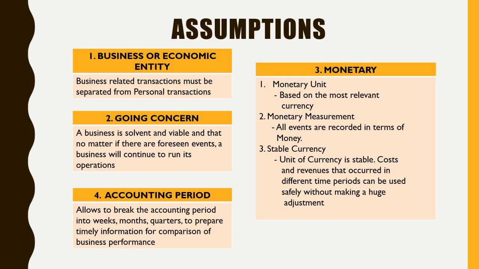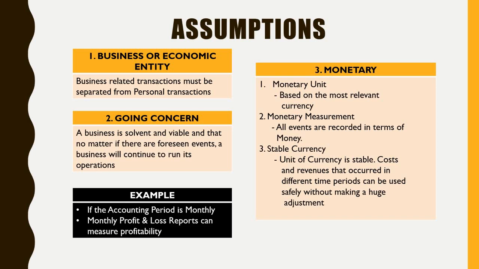So again, the IRS or the government, GAAP, FASB, they tell you, even though you need to submit your reports to the IRS at the end of the year, I'm going to allow you to break down your accounting period in measurable ways to measure profitability.